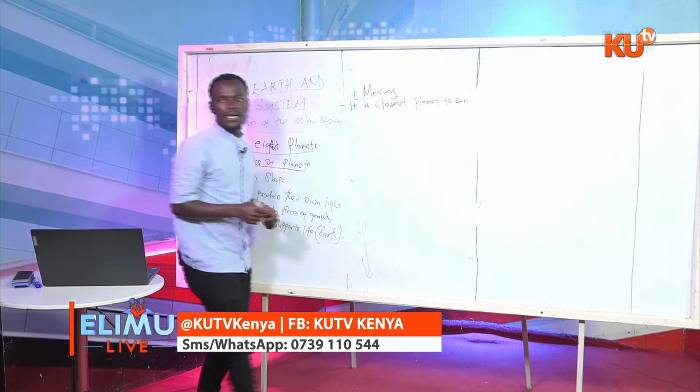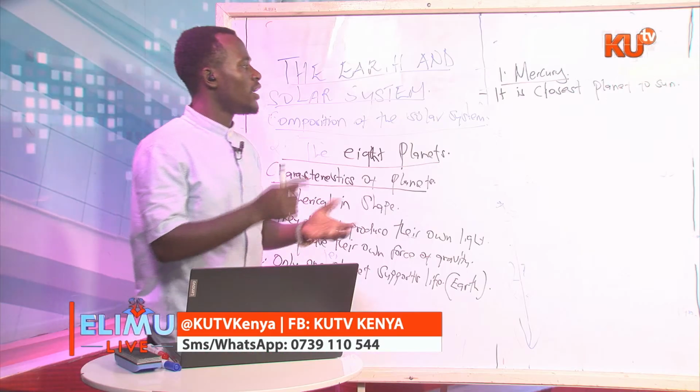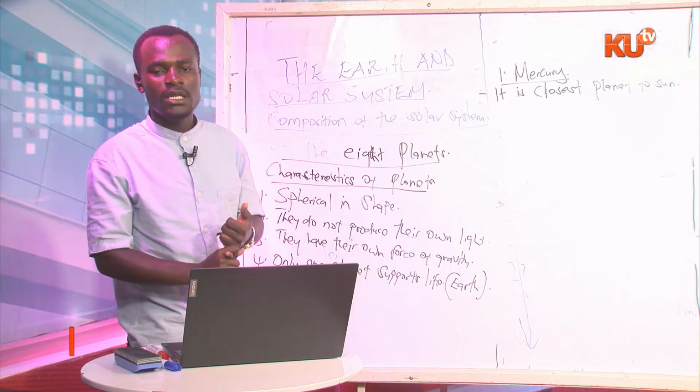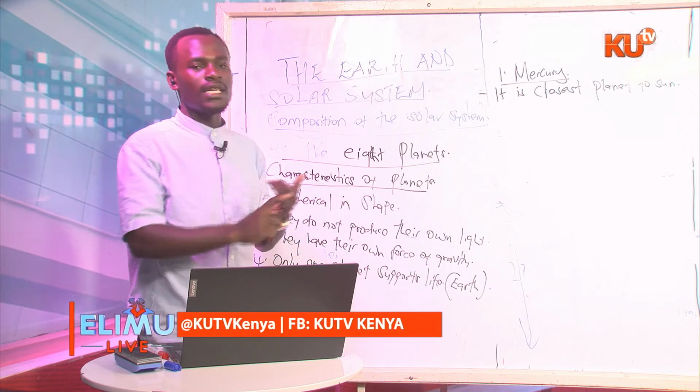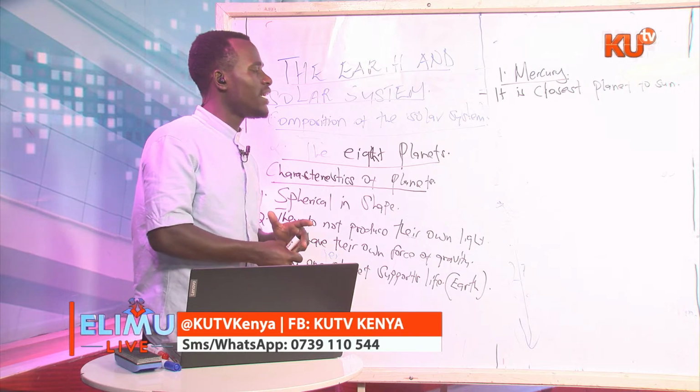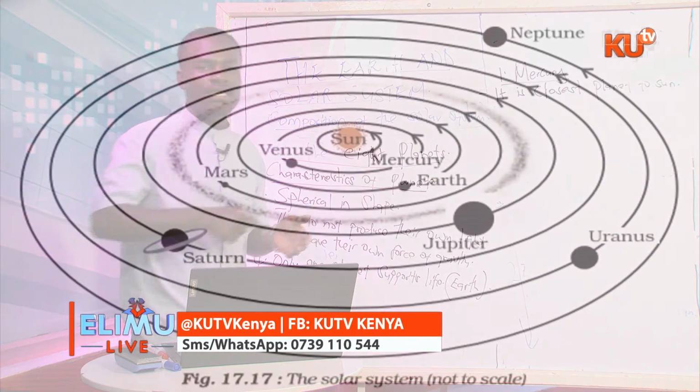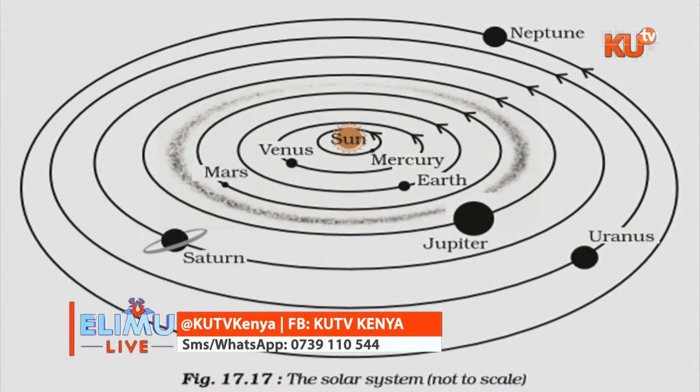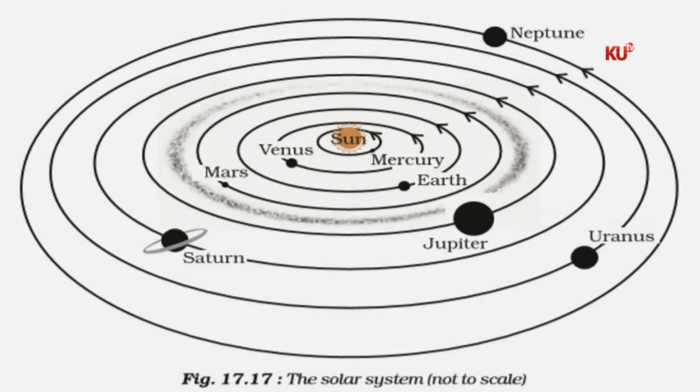So we are looking at characteristics in terms of how close it is to the sun, the number of natural satellites that they have, and how long it takes to revolve around the sun. Number 1, planet Mercury is the first planet and the closest planet to the sun.